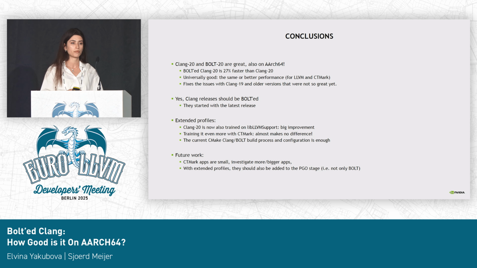The percentage of functions covered by profile increased from 6% to 15%. So yeah, that's the main reason. Unfortunately, training it with more data, like benchmarks from CTMark, almost makes no difference. And this brings us to the conclusion that the current CMake Clang Bolt build process and configuration is enough.